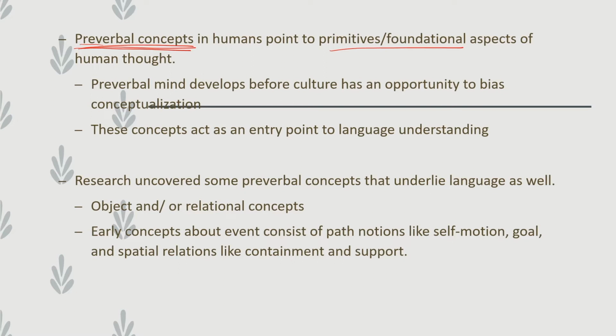In fact, very exciting research is still going on about neonatal and very small children, and there are also hypotheses that probably some of these things are really primitives, in the sense that we are born with them, but the work is still going on in that domain. But largely these pre-verbal concepts in humans point to the possibility that there are certain primitives and foundational aspects of human thought, which probably includes image schematic understanding.